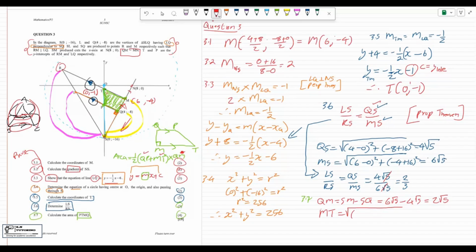So MT, I'm gonna have 0 minus 6 squared plus -1 minus -4 squared, and this is going to give me 3 square root 5. Right, so I've got MT. Now I need to find QP. So QP is the perpendicular.